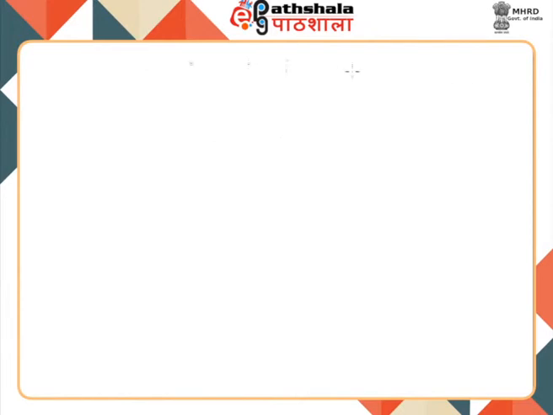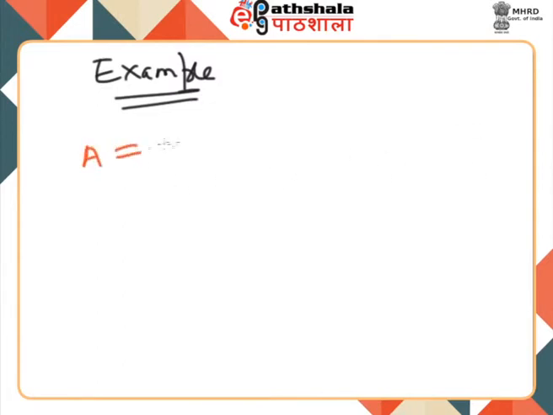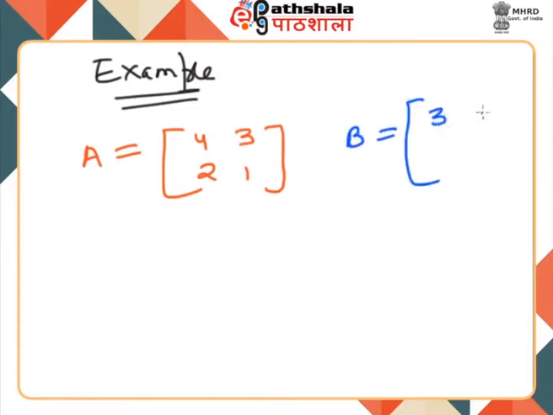Now let us take an example to find the direct product. Let us say A is 4, 3, 2, 1, a 2 by 2 matrix, and another matrix B is 3, 1, 2, 1.